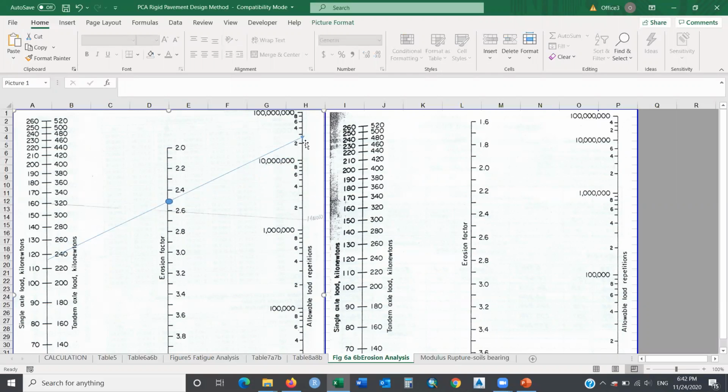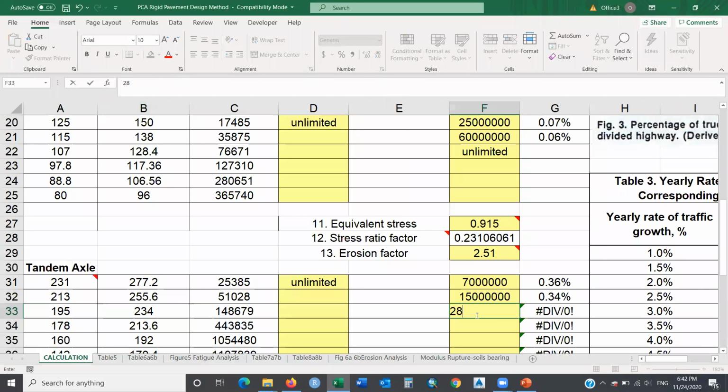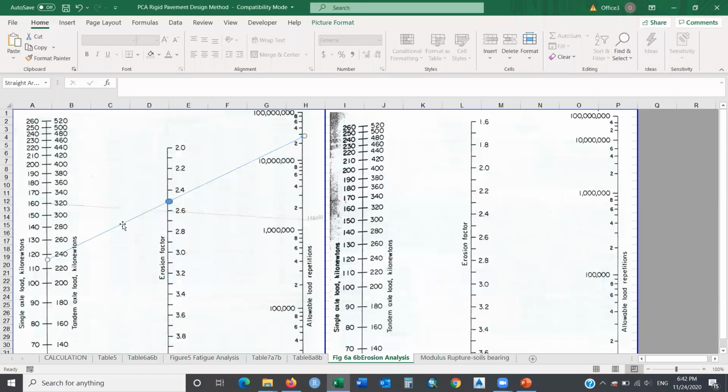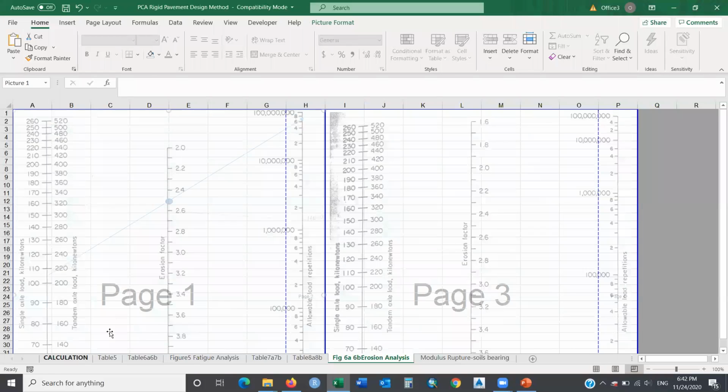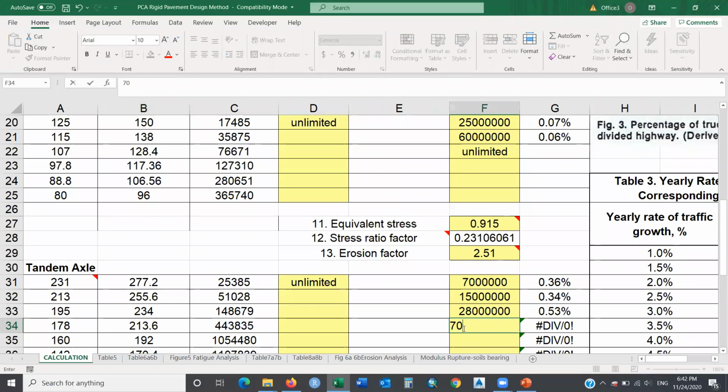The value will be 28 million. The next one is 213. It's already unnecessary what I'm doing, right? But it's just so you realize that. Let's see if you get to the right conclusion. So the allowable is 70 million. And the next one is unlimited.